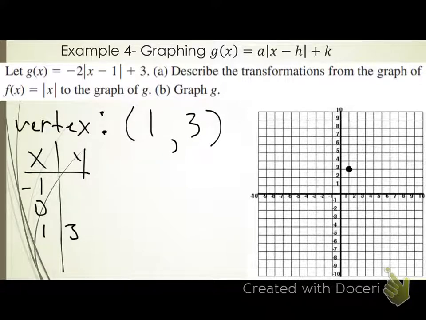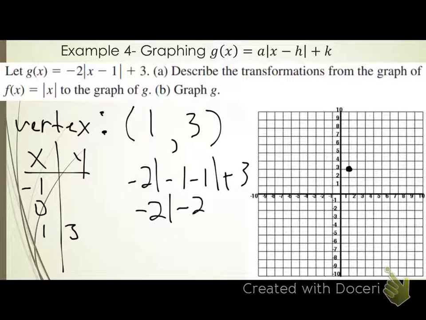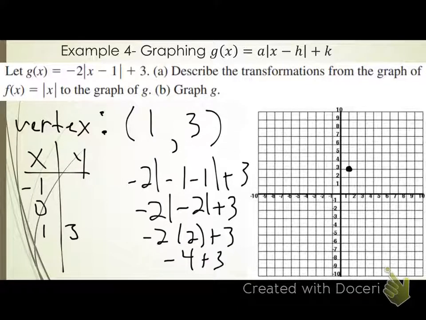So if I plug -1 in, what's -1 minus 1? -2, absolute value of -2 is 2, -2 times 2 is -4, plus 3 is -1. So -1, -1.